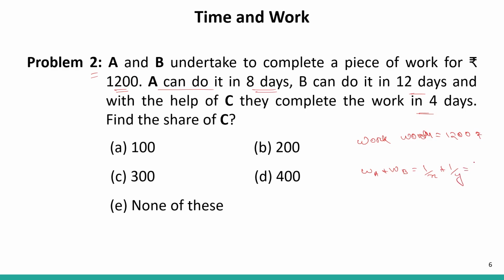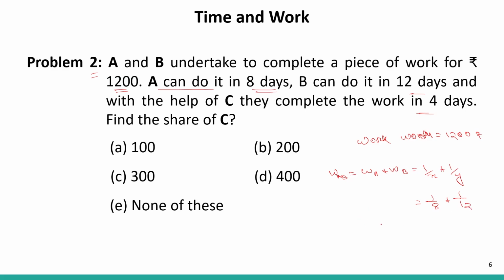It is not given to us. The combined rate of AB will be, because A can do it in 8 days, 1 by 8 plus, and B can do it in 12 days, 1 by 12.